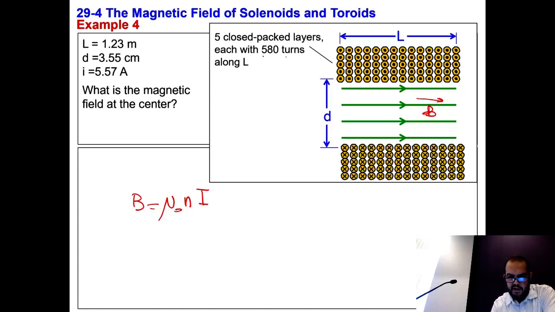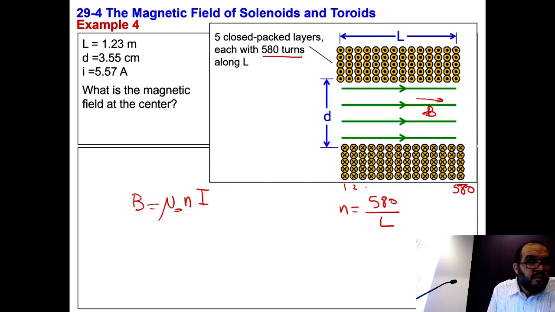Well, we are given that the total number of turns is 580, meaning these turns here, 1, 2, 3, and so on, this is 580. So is the number of turns n 580 divided by L? Is the number of turns 580 divided by L?